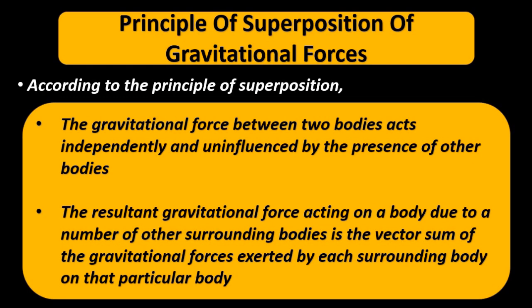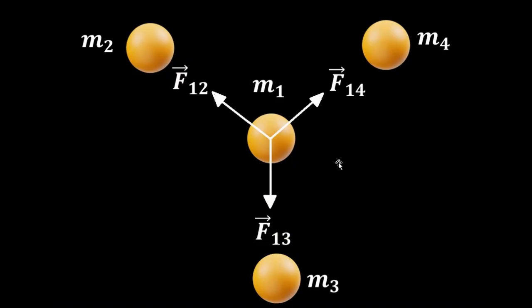Okay, so let us say we have four objects, four masses, m1, m2, m3 and m4. Now let us say m1 is the target mass, and we want to find out the total gravitational force which is exerted on m1 by these three surrounding bodies, that is m2, m3 and m4.